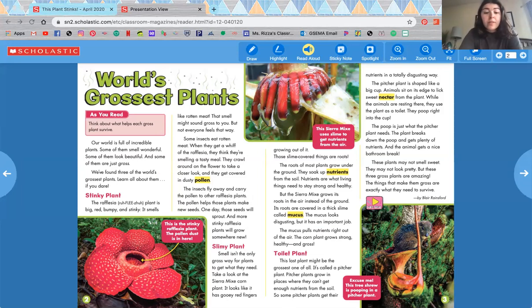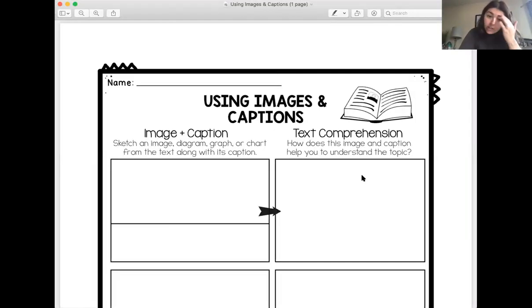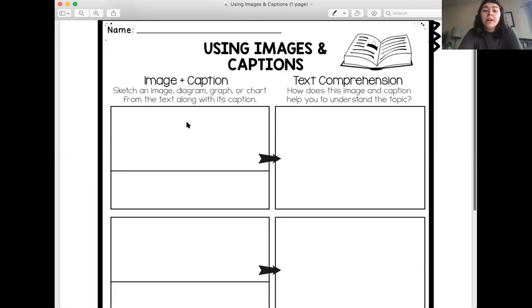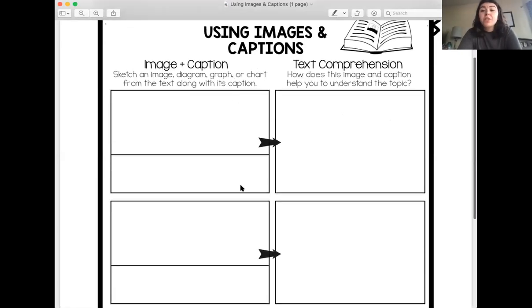So what you're going to be doing today is filling in a graphic organizer about captions. I'm going to share that with you so you can see it. It's called Using Images and Captions. You can print this off and do it on the worksheet.